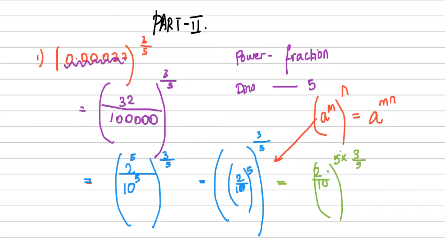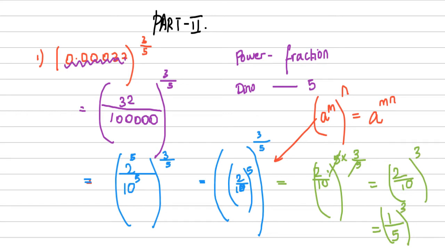When we cancel 5 and 5, the power becomes a single whole number instead of a fraction, and our job is quite easy when we have a whole number. The fraction can also be simplified further, because 2 over 10, both are multiples of 2, so you can write it as 1 by 5 the whole cube.